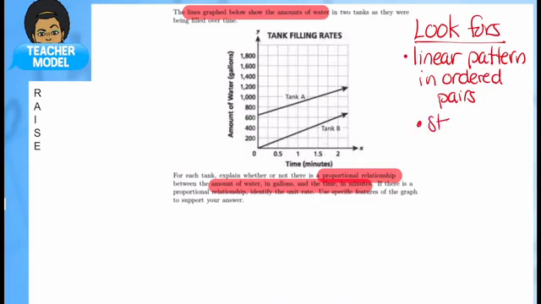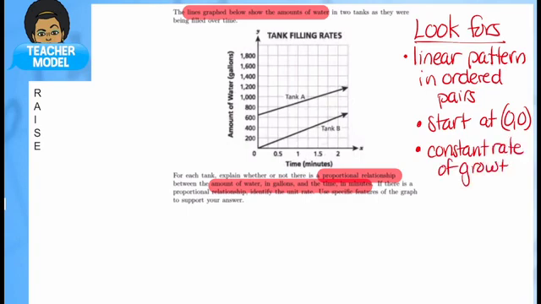I'm looking for a start at 0, 0. And I'm looking for a constant rate of growth. So those are all the things, and if those things are true, then I can identify a unit rate.